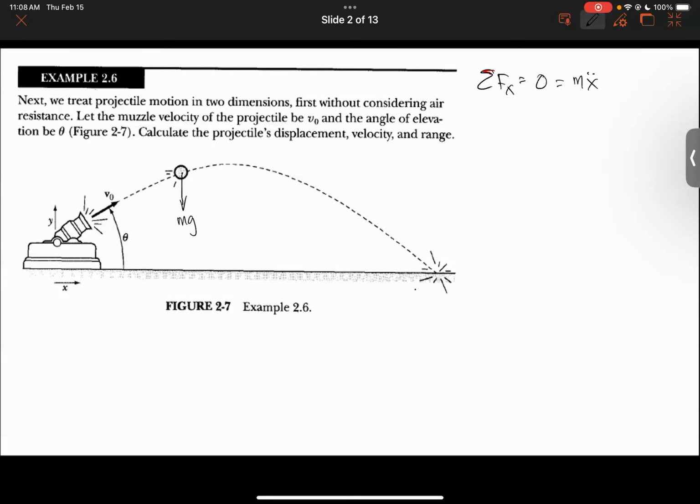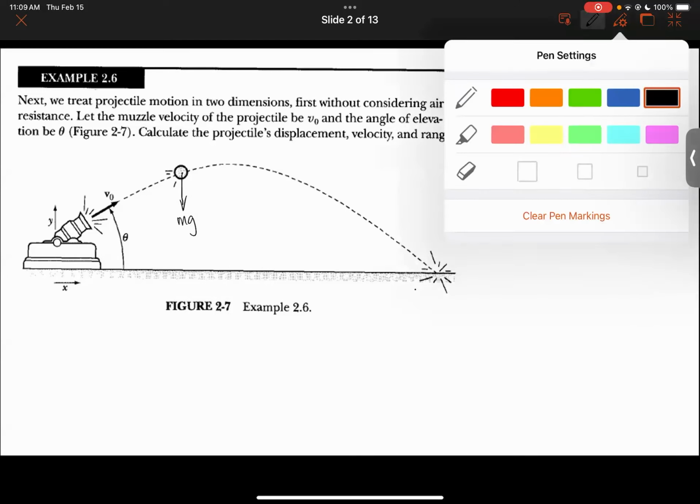Okay, and along the x-axis, this tells us that x double dot is equal to 0, and if we integrate that once with respect to time, we get the velocity, diba? So the velocity with respect to time will just give us some constant. And if we say na at t equals 0, the velocity is equal to the initial velocity, or the velocity is equal to v naught.